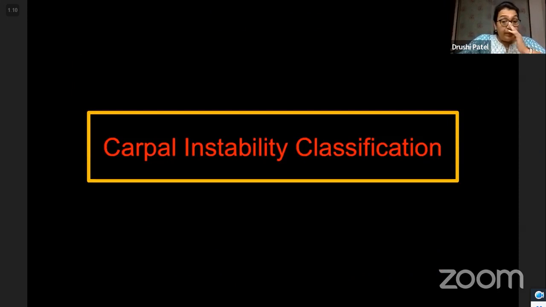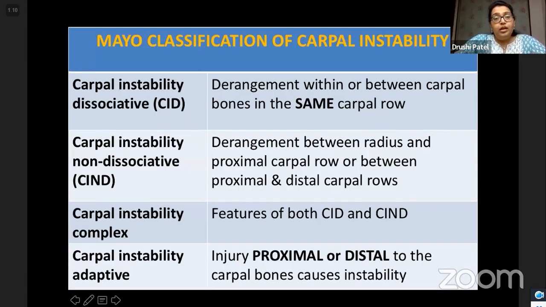Coming to carpal instability classification, a carpal instability can be divided into the following types. We'll see each one by one. First is carpal instability dissociative, CID, wherein there is derangement within the carpal bones. So first we start with derangements in between the carpal bones, like the scapholunate, lunotriquetral.